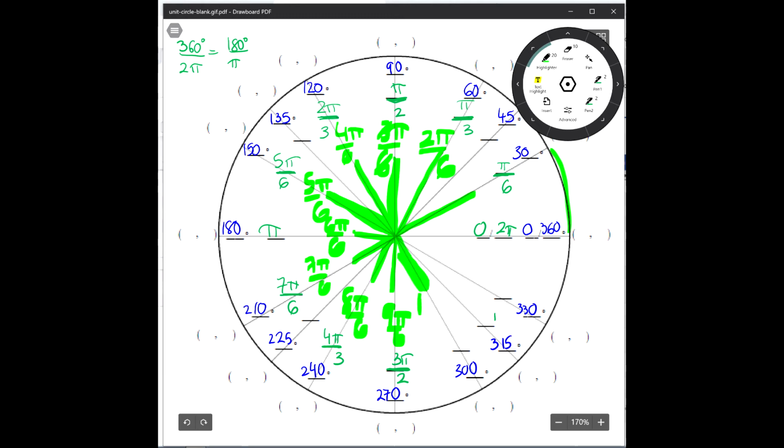So this will be 10 pi over 6, and if I reduce by 2, I get 5 pi over 3. Then next chunk, almost there guys. Next chunk will be 11 pi over 6. Cannot reduce it, so we have 11 pi over 6. Last chunk will be 12 pi over 6, and if you reduce it, it gives you 2 pi.